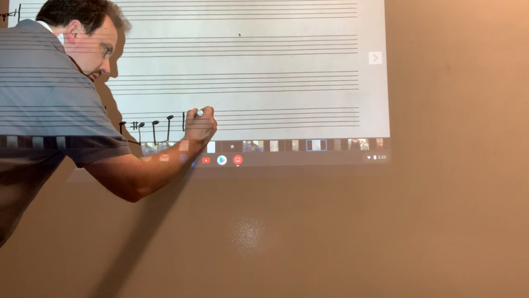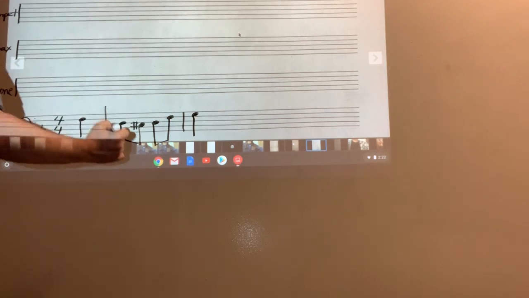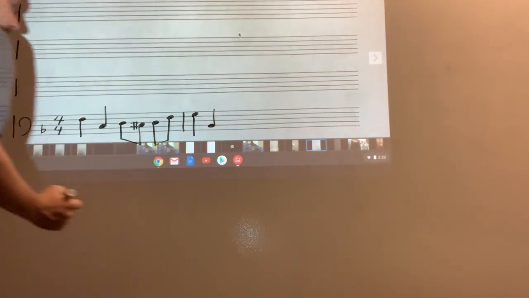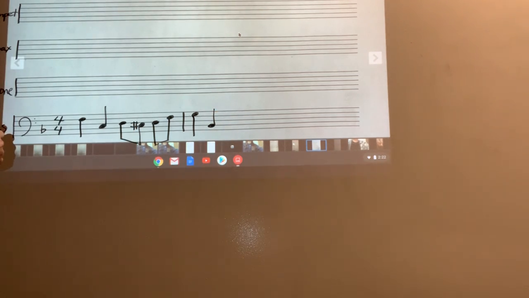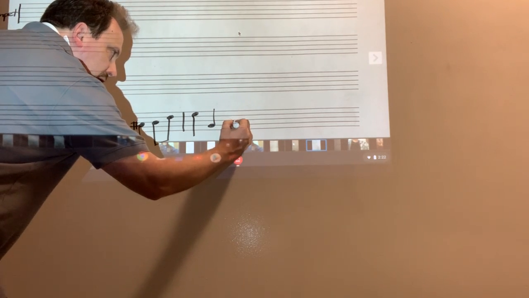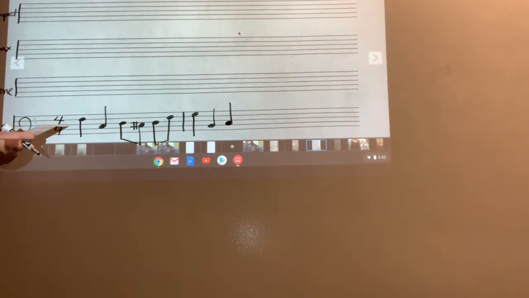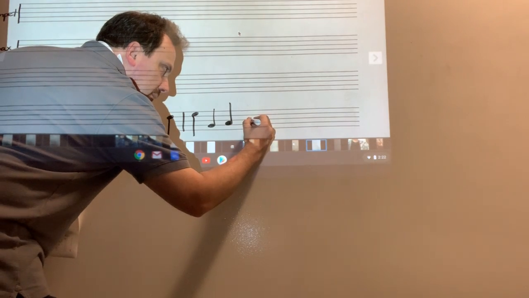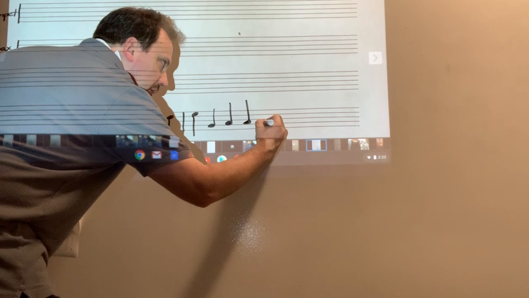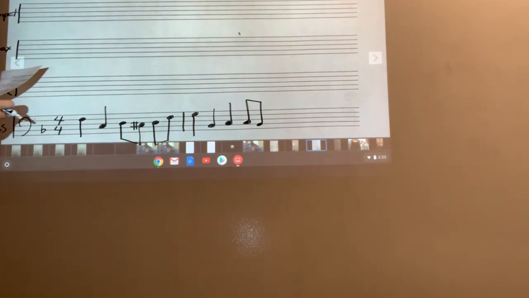Second measure: G, B, stem goes up. C, stem goes up, C, stem goes up, B, stem goes up. Okay?